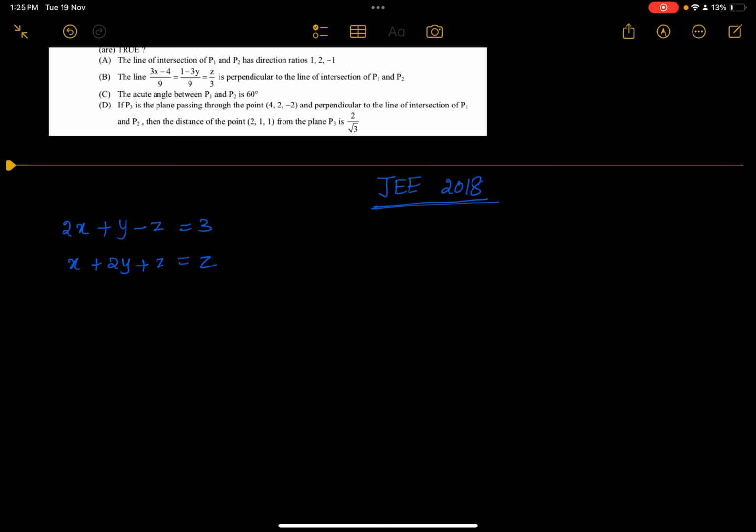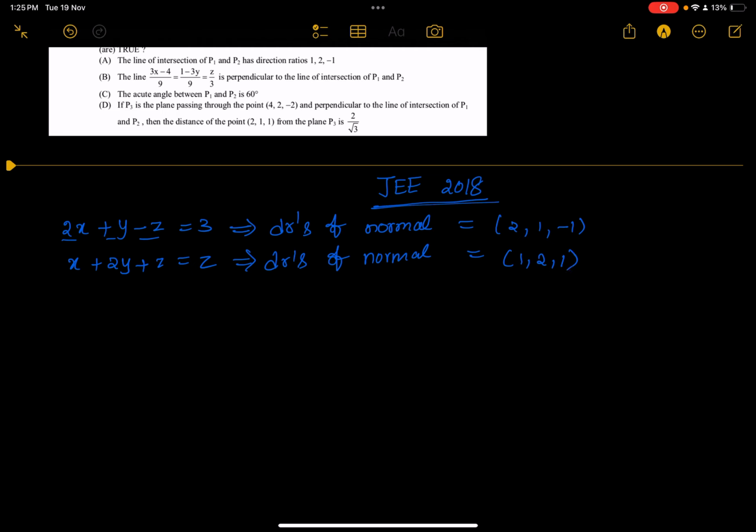The directional ratios of the line of intersection will be the cross product of the directional ratios of the normals to the planes. The DRs of the normal to this plane are 2, 1 and minus 1, just the coefficients. Similarly, the DRs of the normal to this plane are 1, 2 and 1.